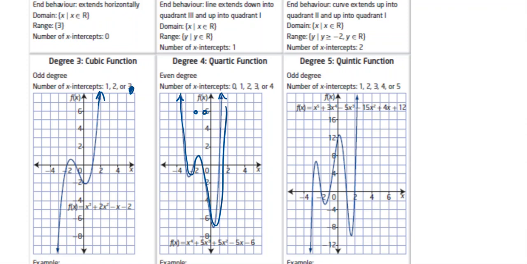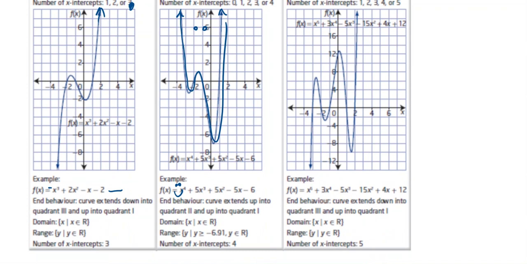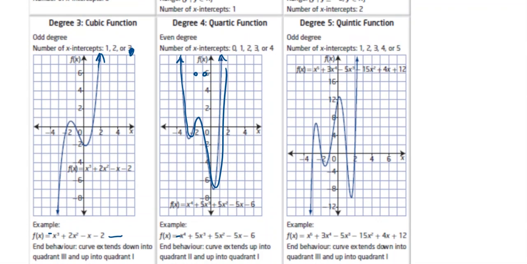It's a smile, but a funny looking face. Same if this was negative: if I put a negative out front of this one, it would go up, go down, squiggle, and do something like that.